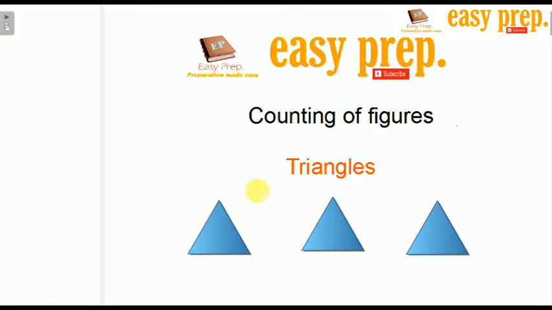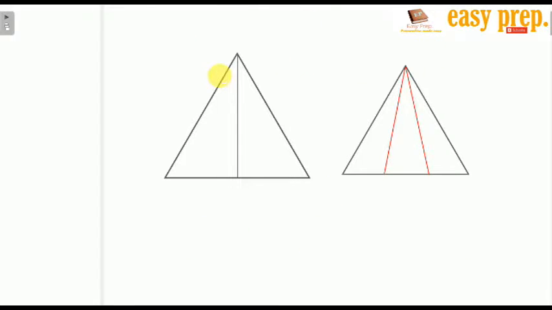So we all know that a triangle is a three-sided closed figure, right? First let us take a basic figure, friends. In this triangle, by looking at the figure, most of us can say that there are three triangles in this figure.